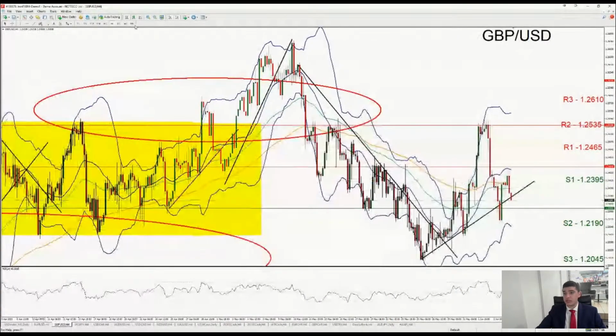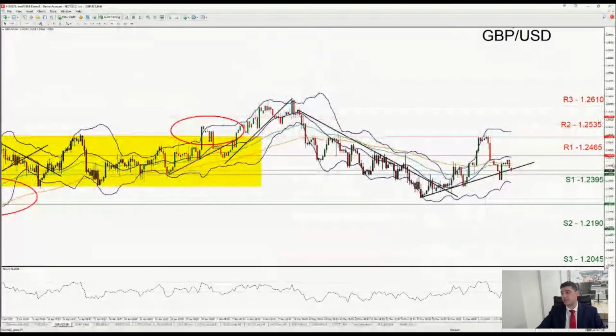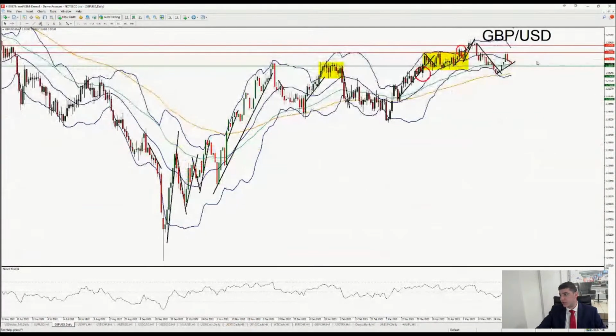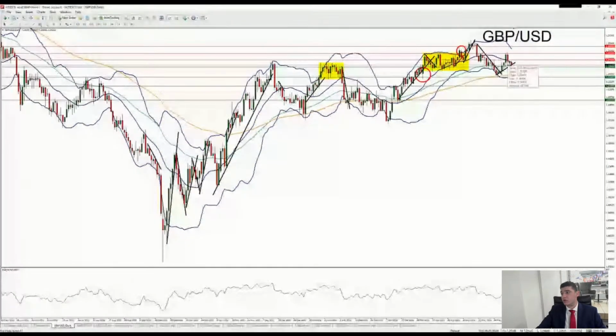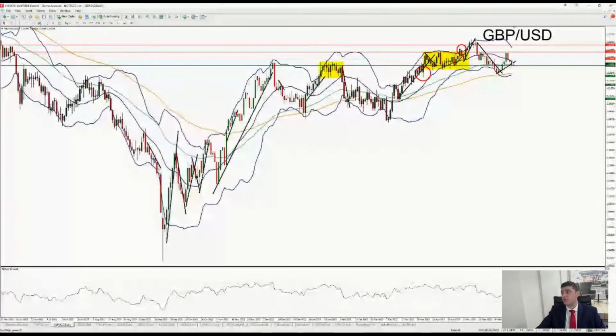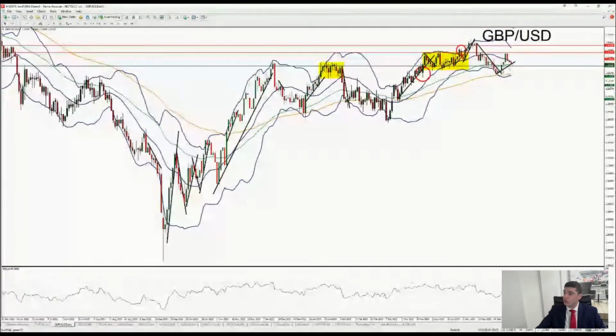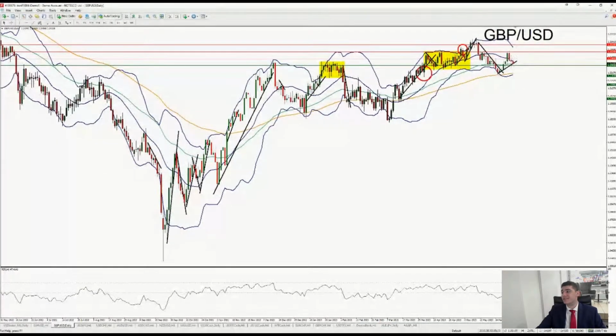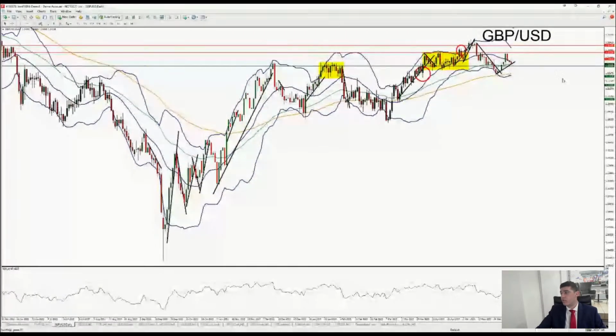Now, the pound is an interesting story where one would have expected the pound to have strengthened against the dollar following yesterday's financial releases, yet it appears to have weakened on the daily. As you can see from here, it closed slightly lower than the open and is currently moving in a downwards fashion, testing our upwards moving trend line. Or should it break below, we would anticipate the potential for a move towards S2.